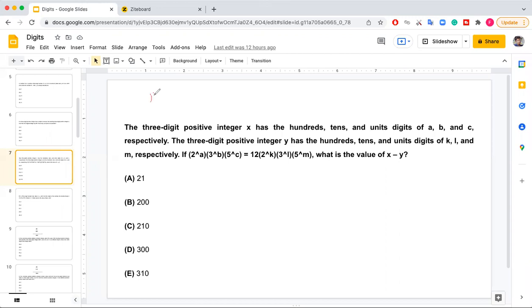So we have x equal to abc, and we have y that has k, l, and m as the unit, tens, and hundreds digits. The question says that if 2^a into 3^b into 5^c is equal to 12 into 2^k into 3^l into 5^m, what is the value of x minus y?